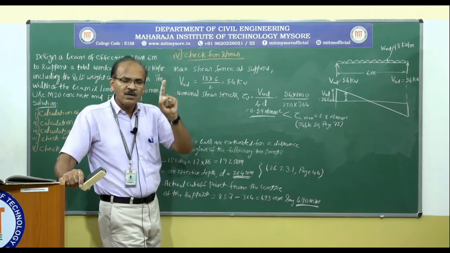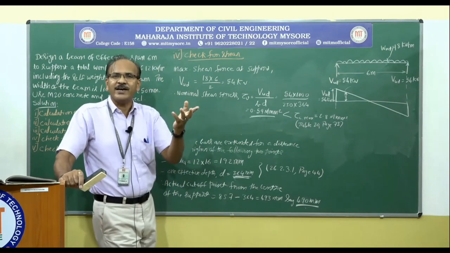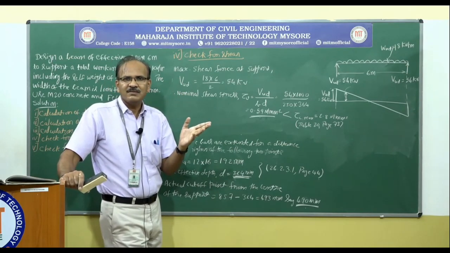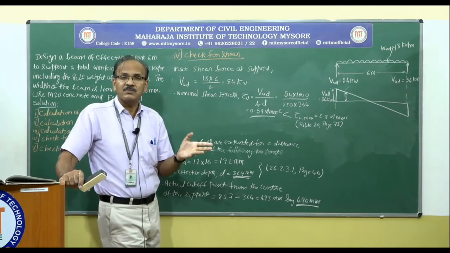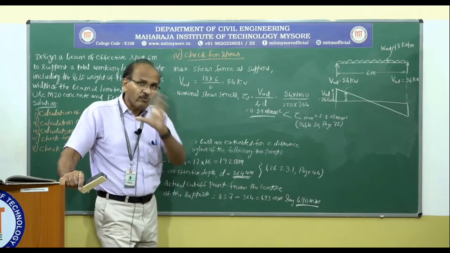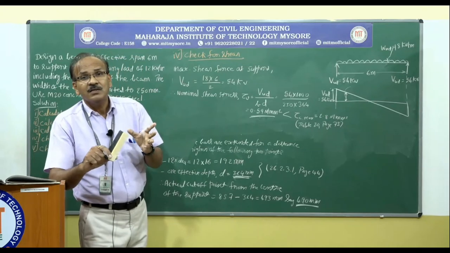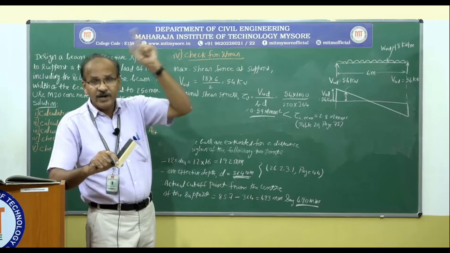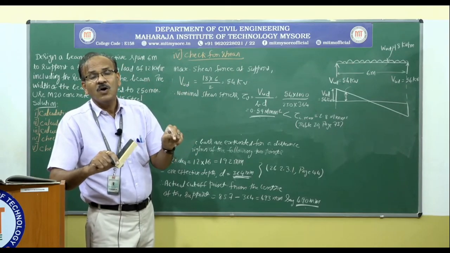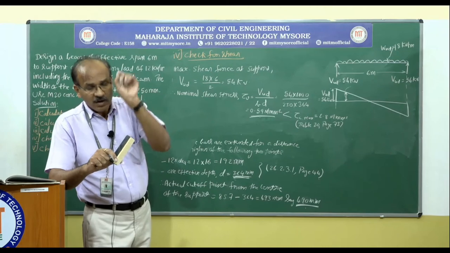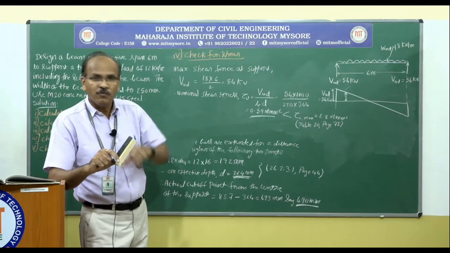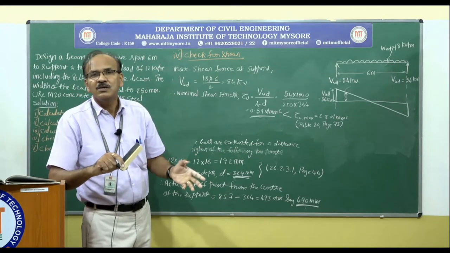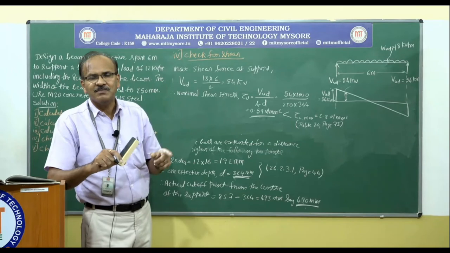Redesign the section means basically increase the sectional dimension, increase the depth, increase the width, or increase both. So, once you increase the sectional dimension, then the entire design changes. Then you will have to check for tension, provide new tension area of new tension steel, go for again curtailment, check for AST maximum, AST minimum, etc. So, all that procedure should be repeated.